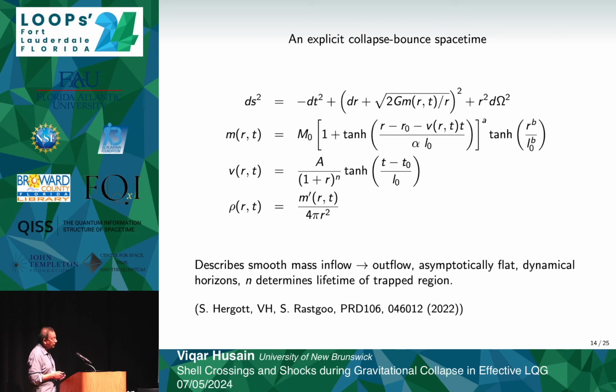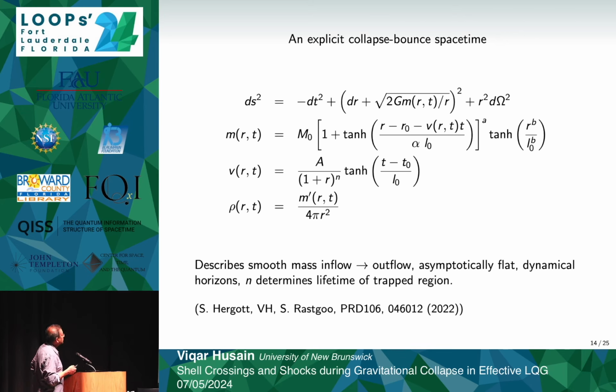Okay, so now I want to give you a curious little explicit collapse space-time, cooked up just to illustrate some of the features we might want in a collapse where matter comes in and matter goes back out. So there are a few curious things in here. The pointer is pointing the wrong way.